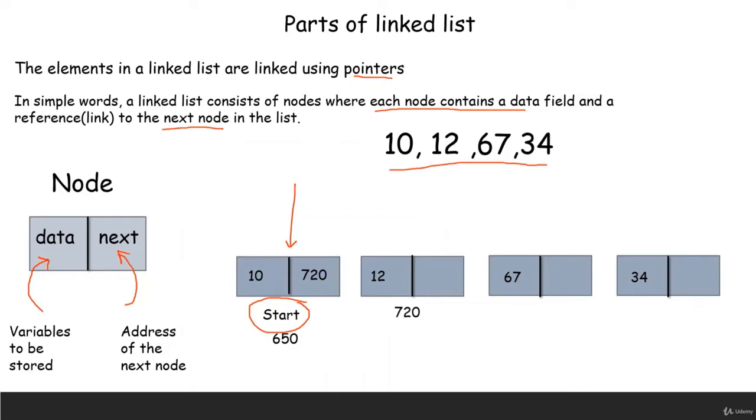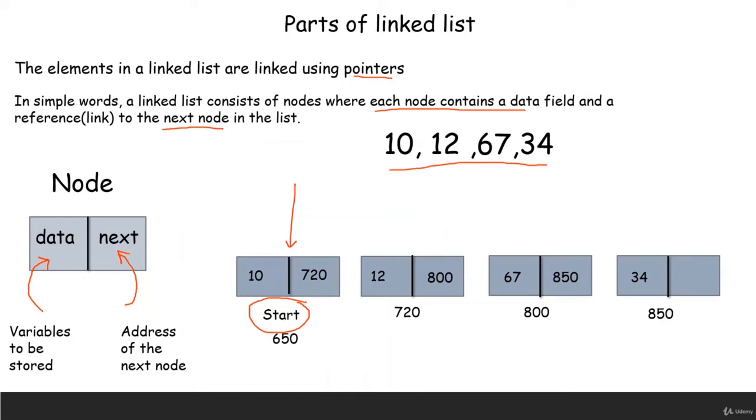And likewise, in the same manner, further nodes also work. This will hold 800. Why? Because 800 is the address of the next one. Now, the third node will hold the address of the fourth one. This is 850 and 850 is the address of the fourth node.